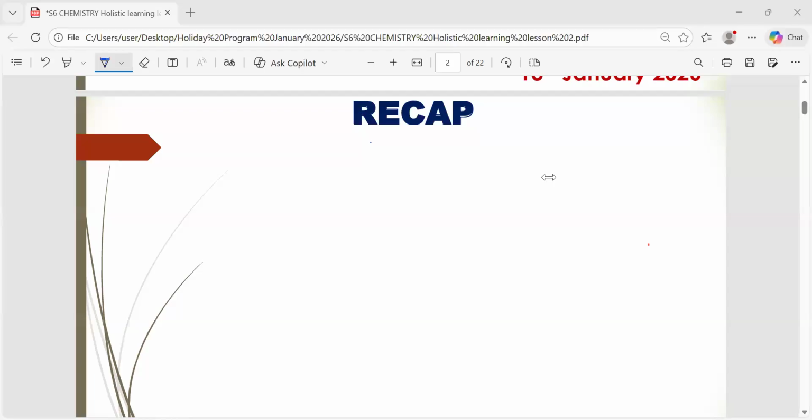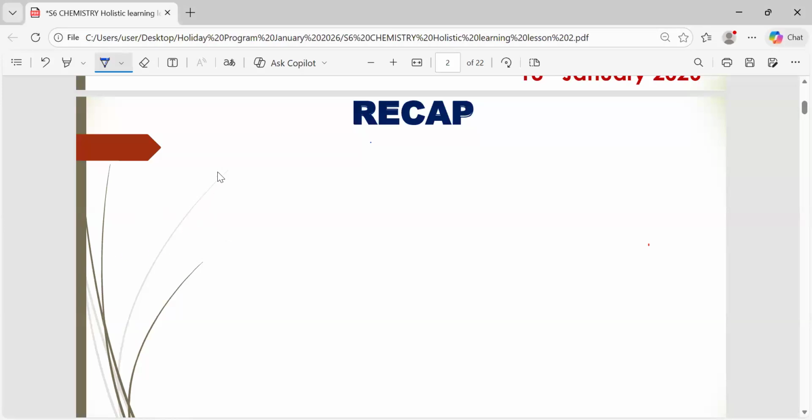In the last lesson, we were under the topic of organic chemistry, under the branch of organic chemistry, and our main aim, we are looking at alkenes, whereby we looked at the structure of alkenes.